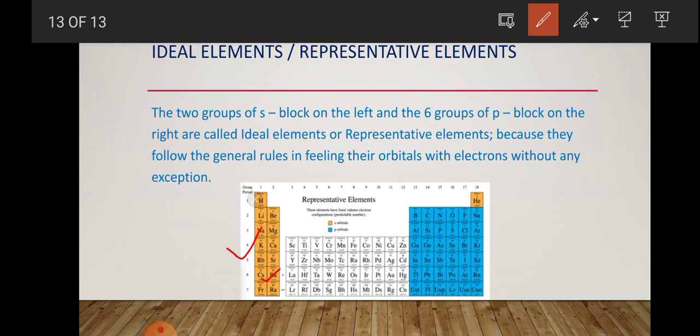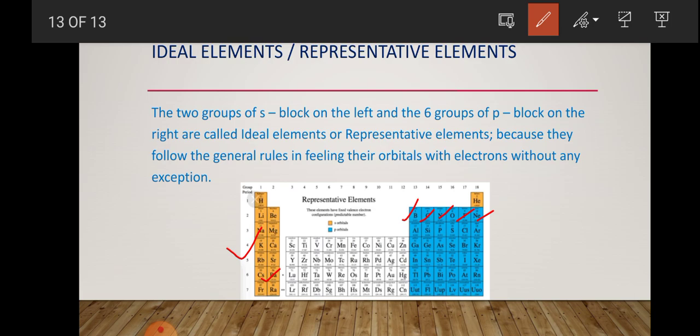These two groups of s block on the left and the six groups of p block on the right are the ideal elements or representative elements because they follow the general rules in filling their orbitals with electrons without any exception.